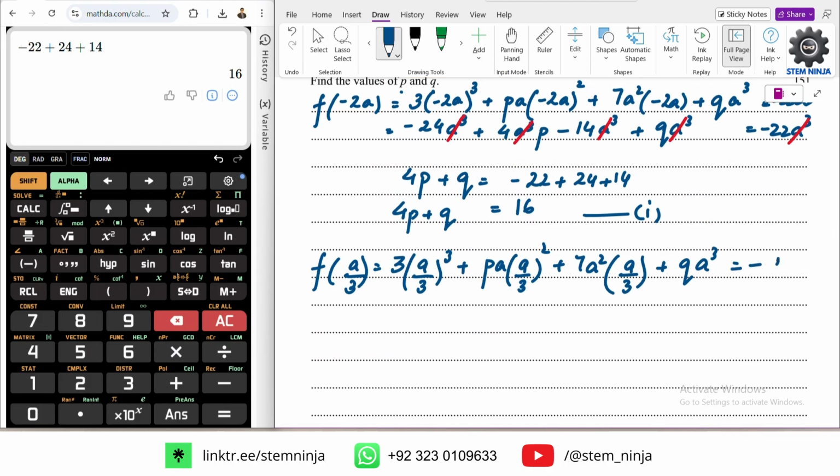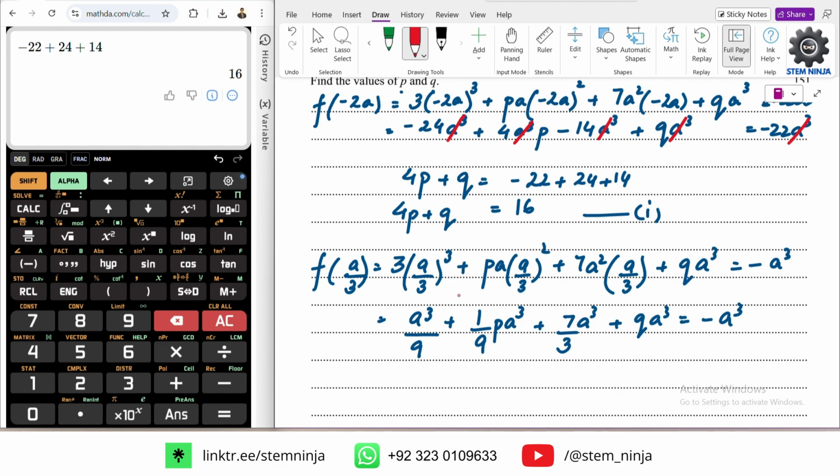This is equal to minus a cubed. Right, so 1 over 3 cubed is 1 over 27, so 3 divided by 27 is 1 over 9, plus 1 over 9 p a cubed plus 7 over 3 a cubed plus q a cubed is equal to minus a cubed.